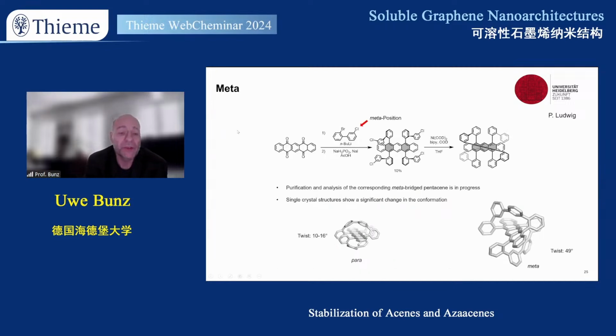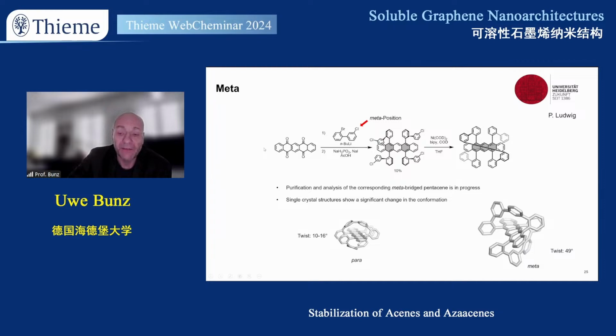And you can also play this game a little bit differently. Instead of putting the chlorine atoms in the para position, you can put them into the meta position here. And you also form a very nicely doubly bridged product.